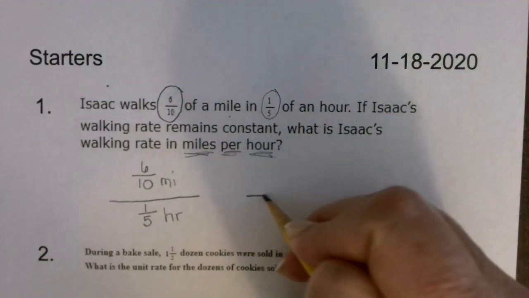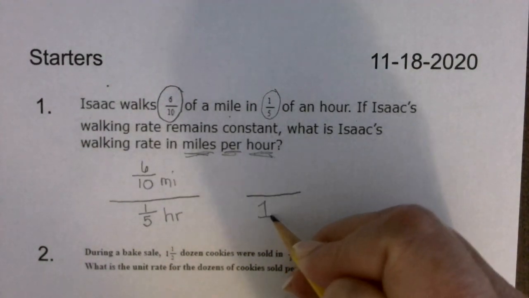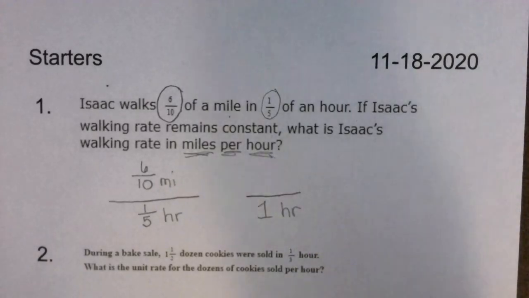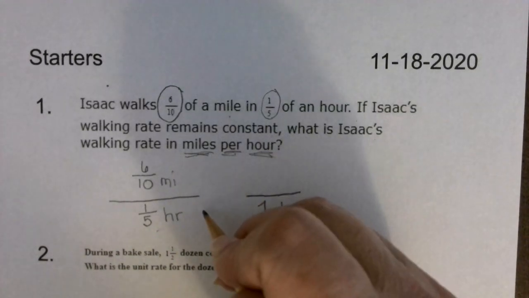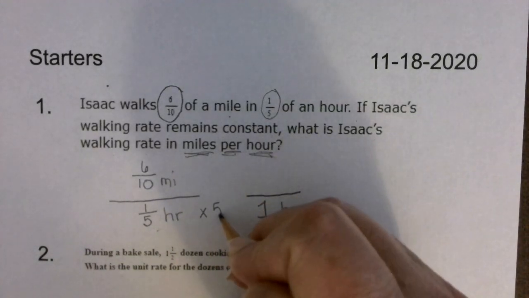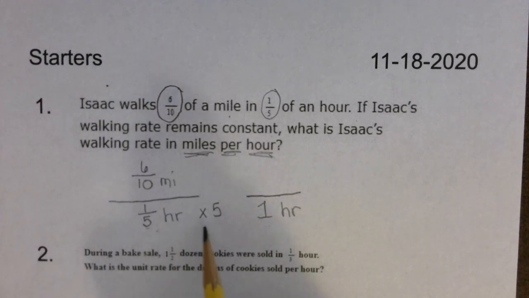Well, we want miles in 1 hour. So to get from 1/5 of an hour to a whole hour, we would have to multiply times 5, because if we take 1/5 5 times, that would give us a whole hour.